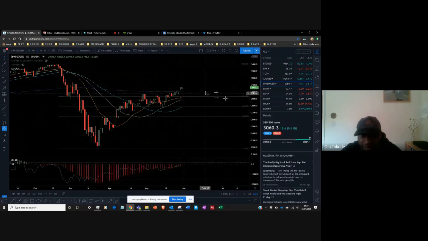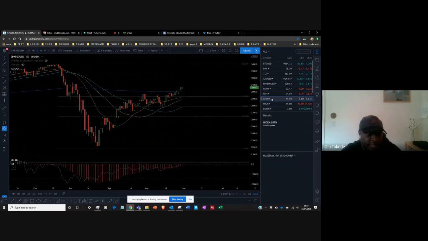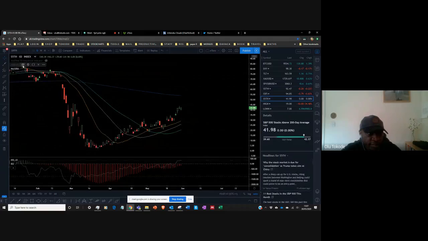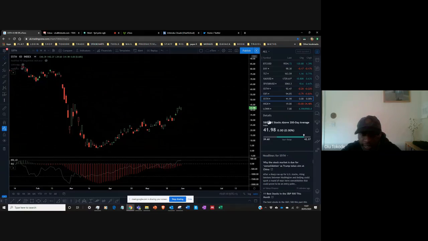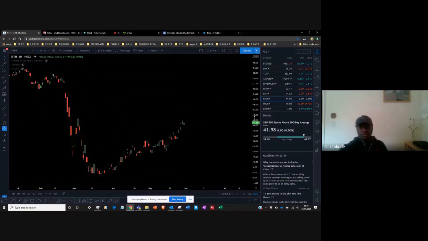But with this index, it tells you what percentage of stocks in the S&P index are above the 200-day moving average. It's 41. So 41% of stocks are now above the 200-day moving average.